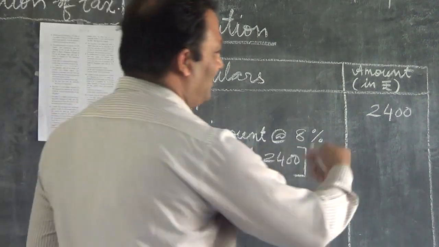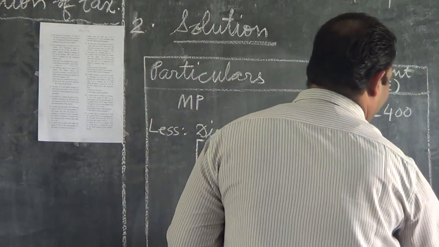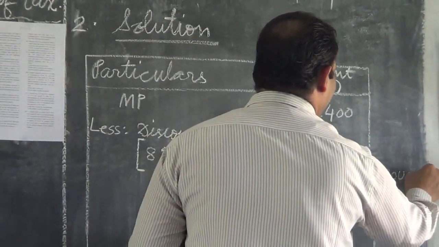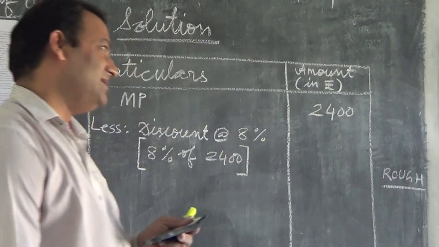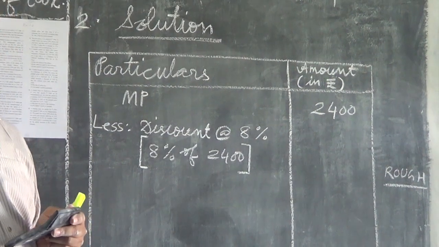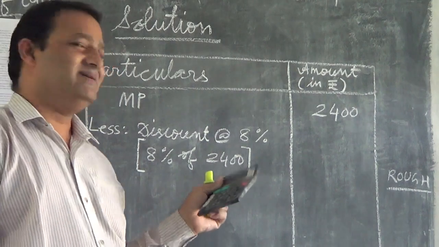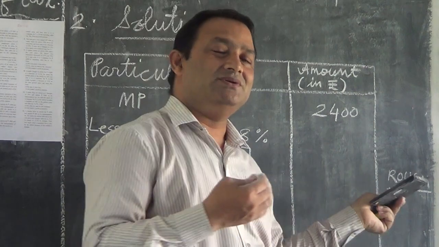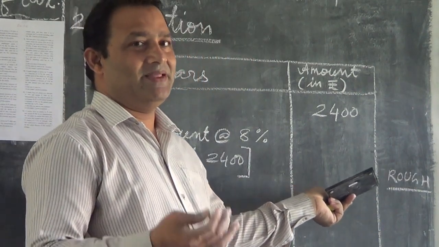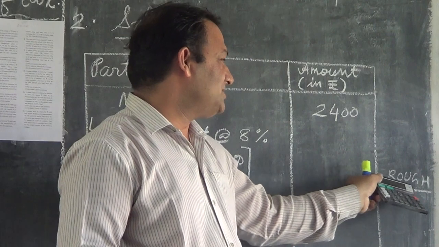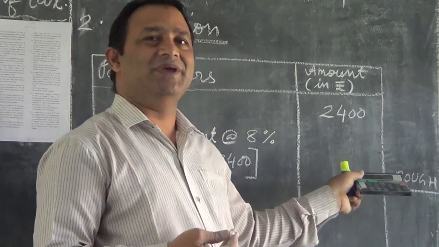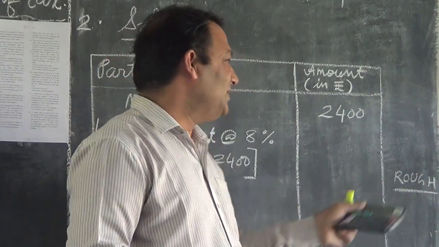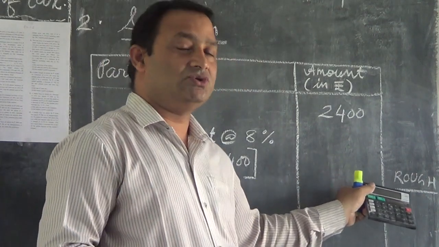For this calculation, whatever space will be there on the right hand side, either you write rough work, or you can also write the steps of your working. You can write whatever term you use here. Then you can write working notes.